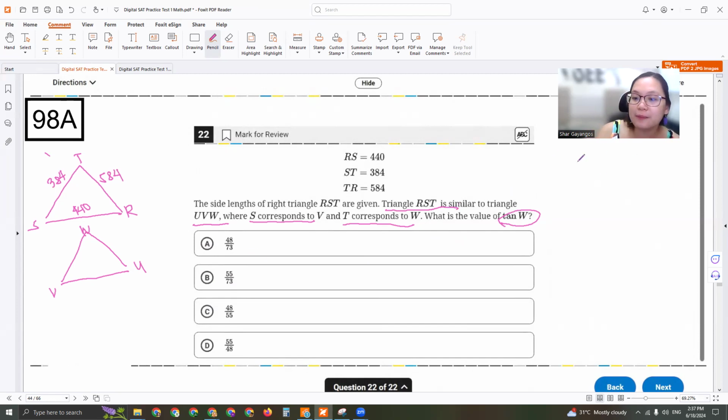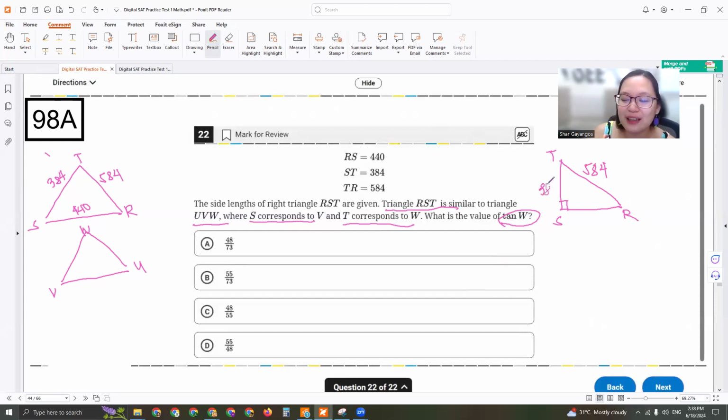So we're expecting, since this is tangent W, let me redraw our triangle to a right triangle, right? And then the longest side is TR, so that should be the hypotenuse. Does that make sense? Okay, and so what I did, I went ahead and double checked to see if these values satisfy the Pythagorean theorem. So that's what I was doing. So you can also go ahead and do that.